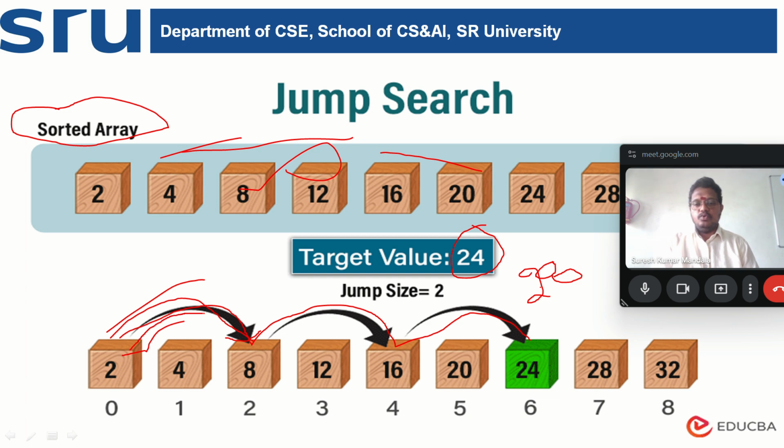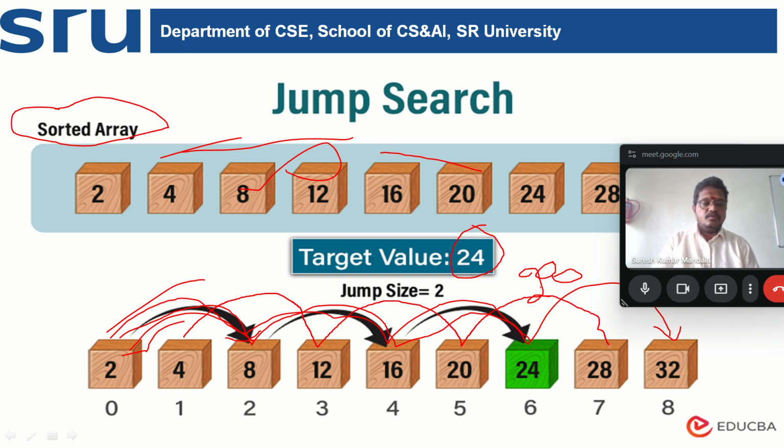Compare 2 with 28, not equal; 8 with 28, not equal; 16 with 28, not equal; 24 with 28, not equal; 32 is not equal to 28 either. Then what happens next? Immediately it goes to the second element and repeats the jumping process. Is 4 equal to 28? Is 12 equal to 28? Is 20 equal to 28? Then 28 equals 28. Like that, it will be found.